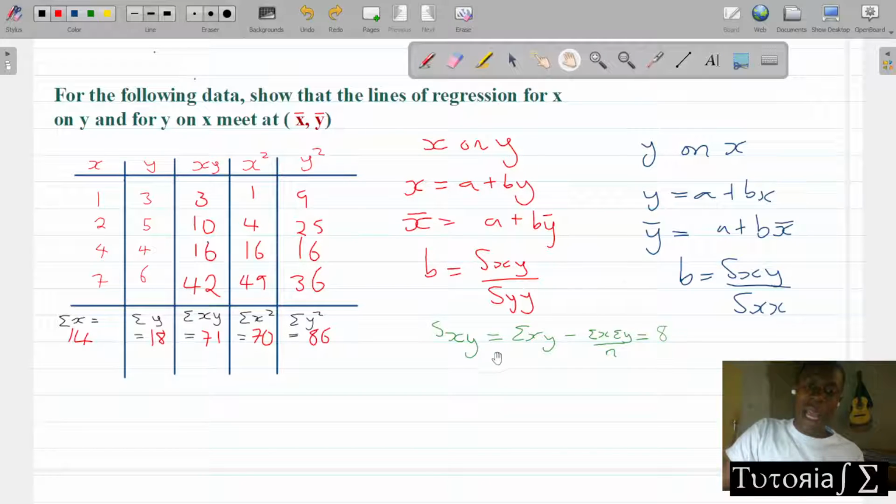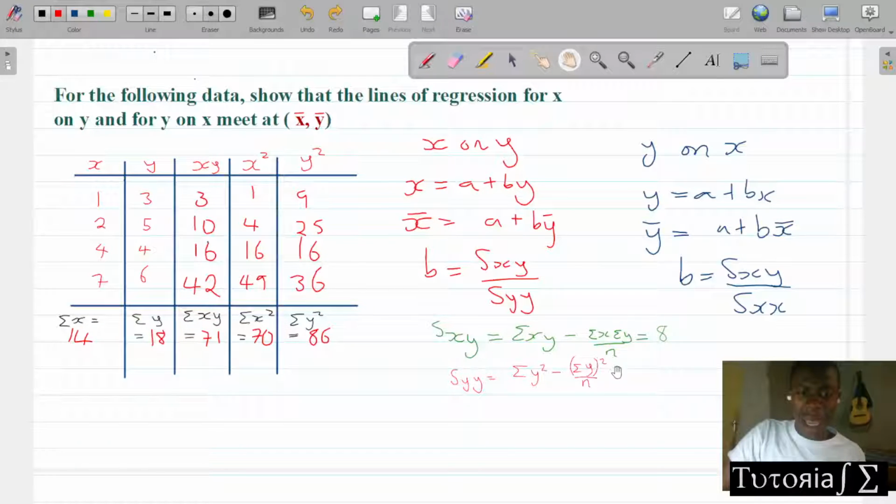Hope you're following. Syy is given by the summation of y squared, which is 86, minus the summation of y, 18, squared over n. n is the number of rows we have: 1, 2, 3, 4, so n is 4.